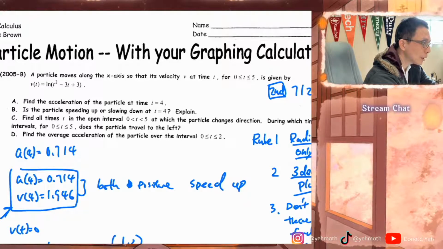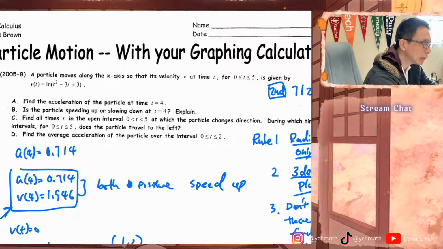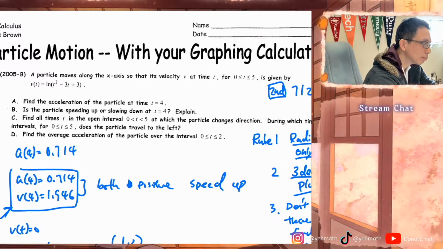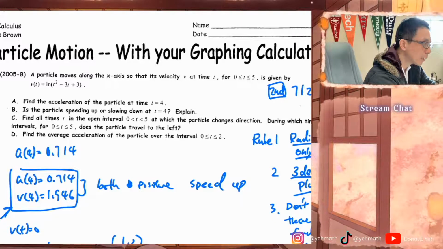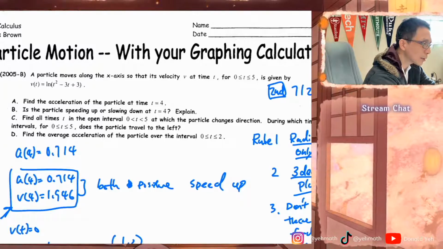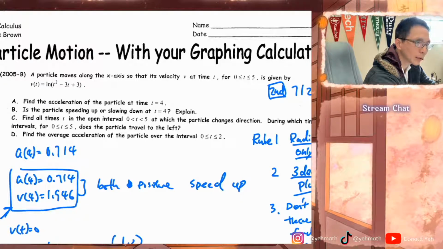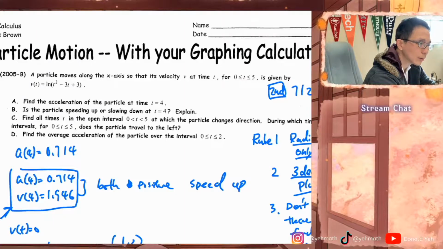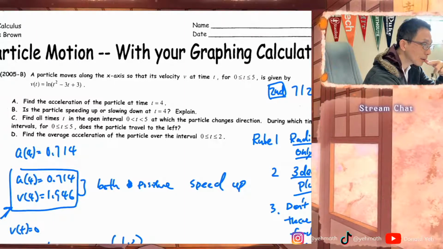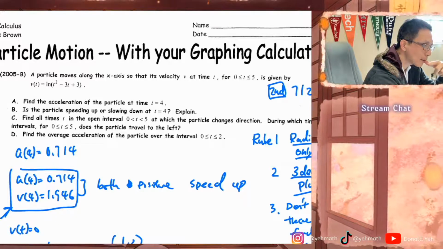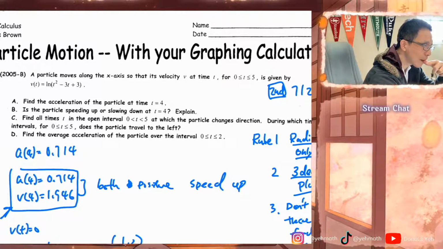This part is actually correct. That's 32, right? 6. Your setup is right. Your integral is right.